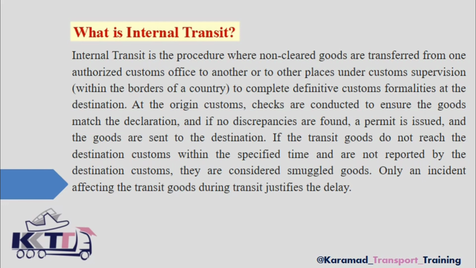If domestic transit goods do not reach the destination customs within the specified time, and the destination customs does not confirm receipt, the goods will be considered smuggled, and the company must be held accountable for the goods not arriving at the destination customs. The only thing that can justify this delay is if an incident has actually occurred to the goods along the way.